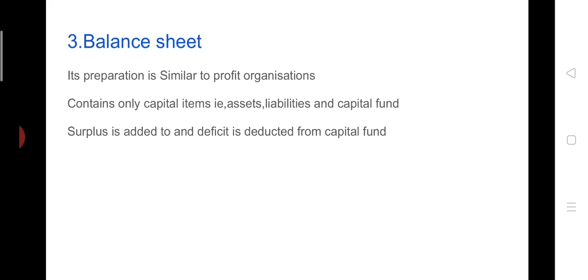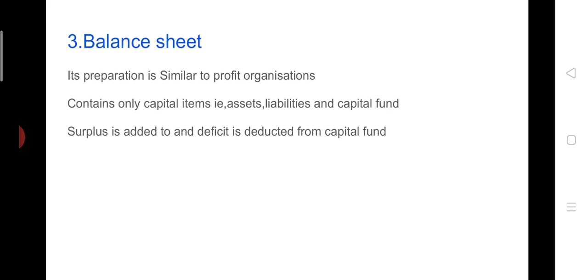When we do the numericals, you will get more idea about those things. Otherwise, the basic rules and concepts are all the same. So the third one is the balance sheet. These are the accounting records prepared by an NPO.